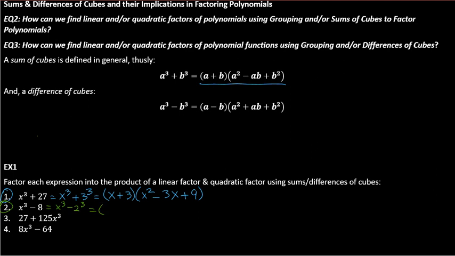So we're going to say x minus 2, or a minus b, times a squared plus, this time plus, a times b. So that's going to be 2x, that's b times x or a times b. And then we're going to do plus b squared, so 2 squared would be 4.